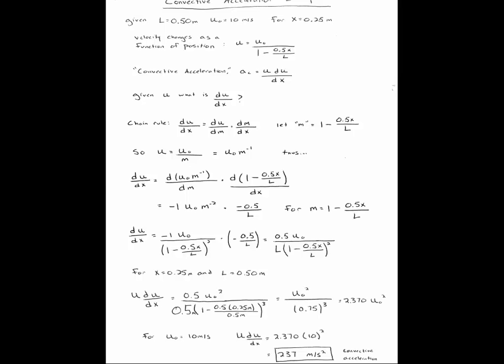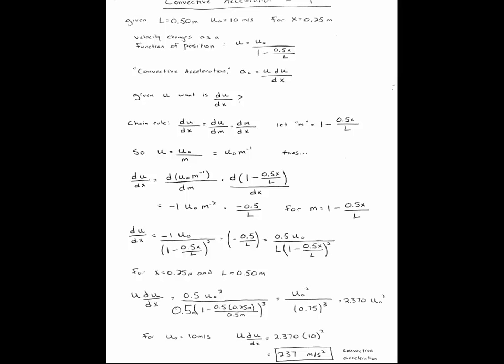All right. So we were multiplying in this step. We have du/dx, and we multiply it by the equation for velocity. So we had u naught in both of them, both in u and in du/dx. That's why it's u naught squared. And then we've substituted in the positions that we know. The x is 0.25, L is 0.5. And so that reduces down to u naught squared, 1 meter times 0.75 cubed.